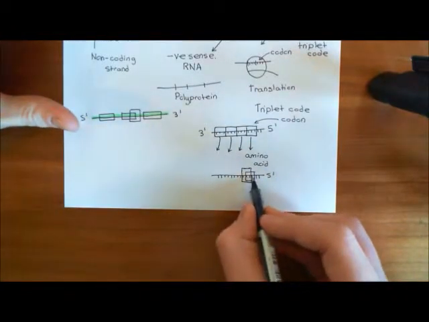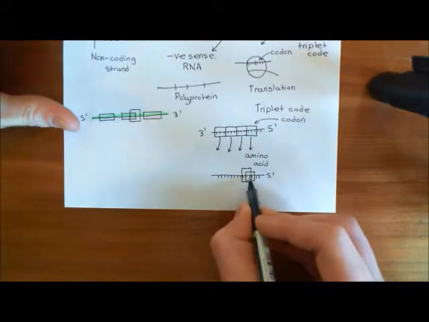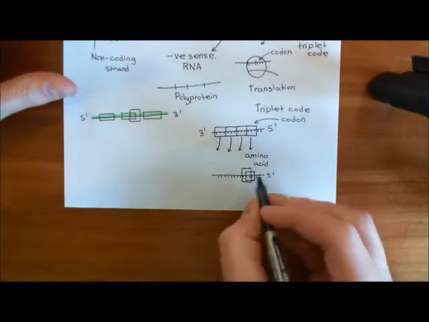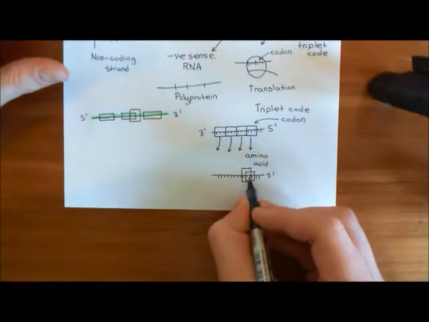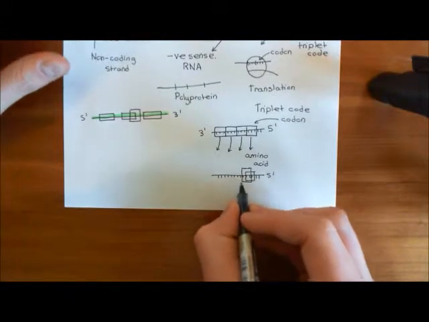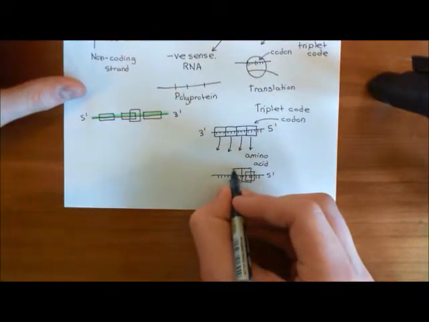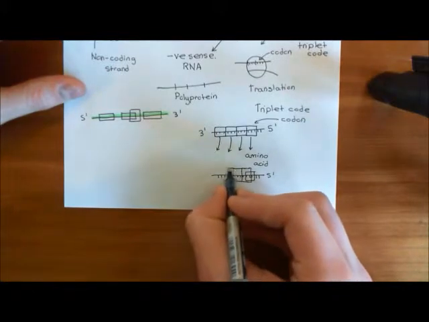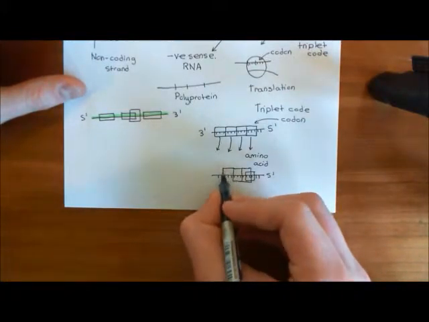So I've removed that one organic base there, but now I've got these 3 organic bases here as this codon, and then I'll continue on. So I'll get this codon coming after it, like so. Okay, and this codon coming after it here.